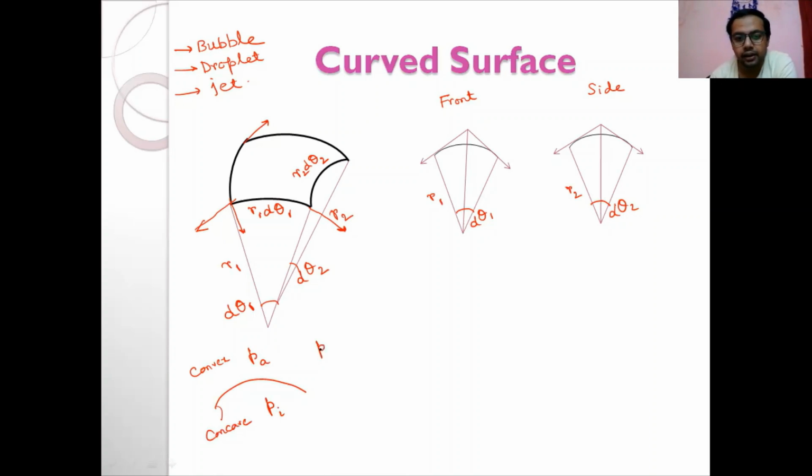And PI must be greater than PA. From the derivation you can understand why. If PI is greater than PA, the force will be on the above side. So force due to pressure difference.